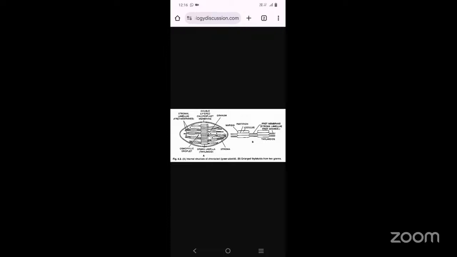So fluorescence and phosphorescence, these two types are there.